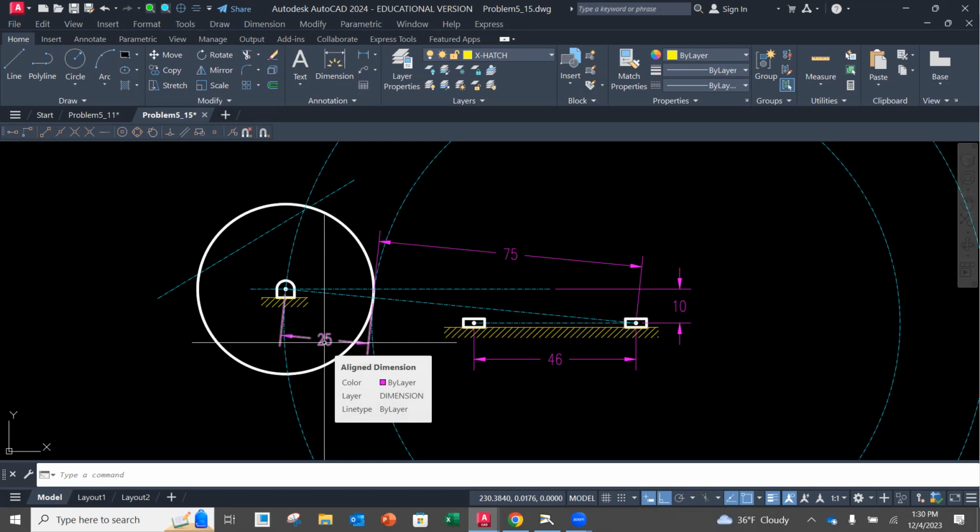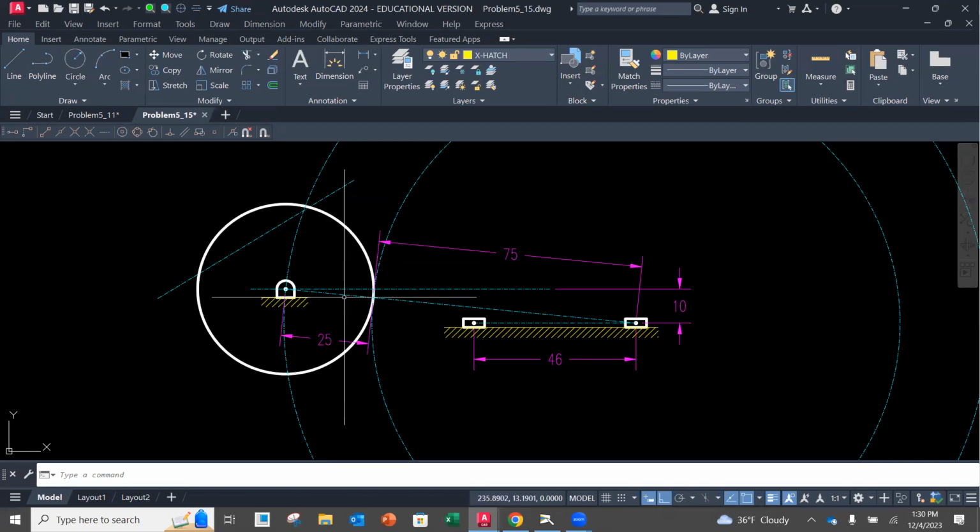Now remember, my stroke is always going to be greater than whatever my crank is. There's not a hard and fast relationship on an offset slider crank mechanism, okay? So once I have this set, I then know where things are going to be.